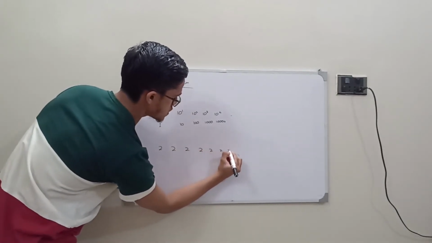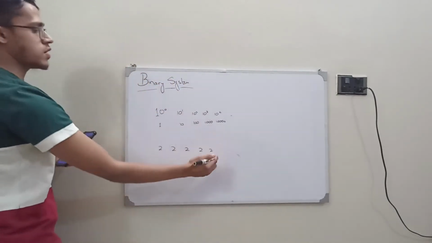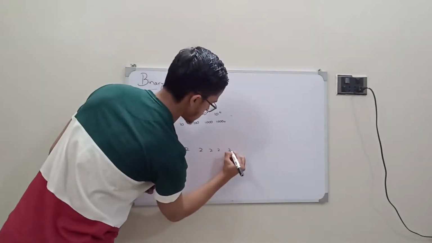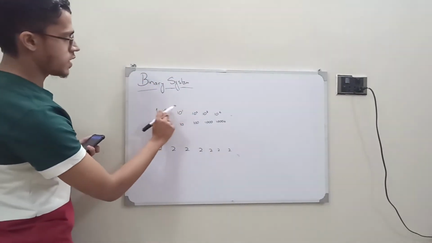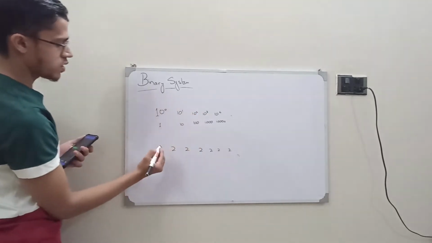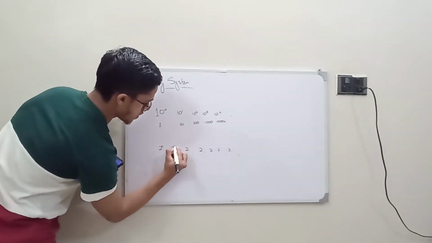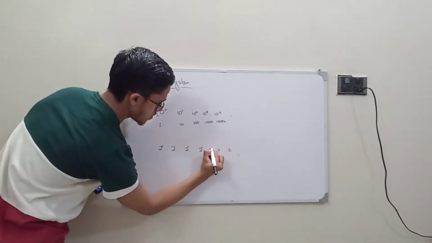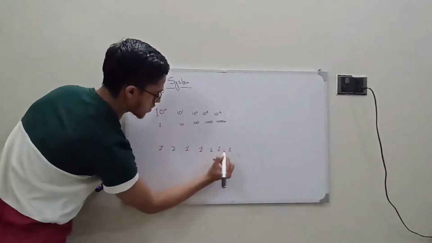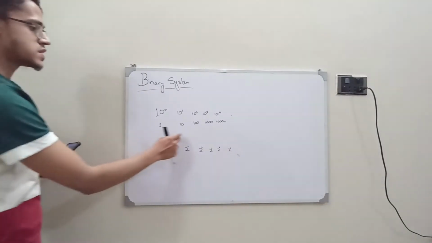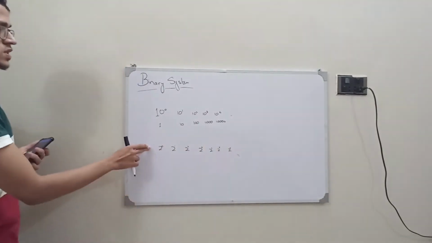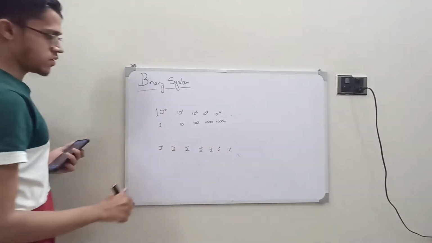Now, why do we use this? This concept will be clear later on in the video and in later lessons. Just as we start from index number 0 there, we will also start from index number 0 here. That's the basic rule of computer science: in many cases in programming and the binary system, we start from the index number of 0.